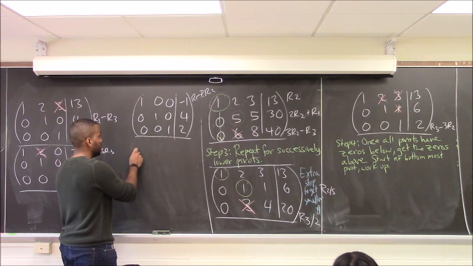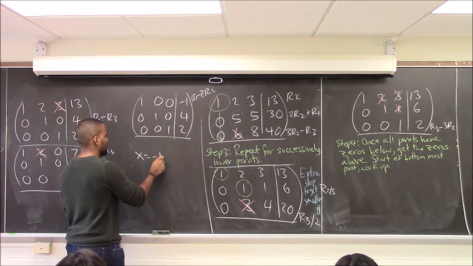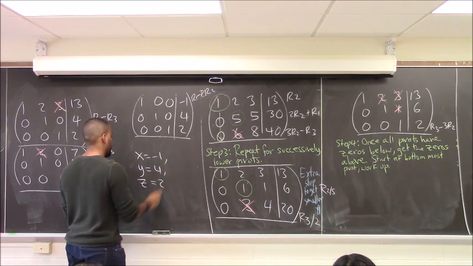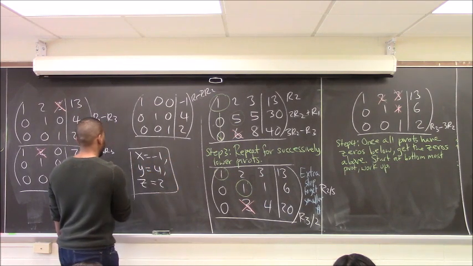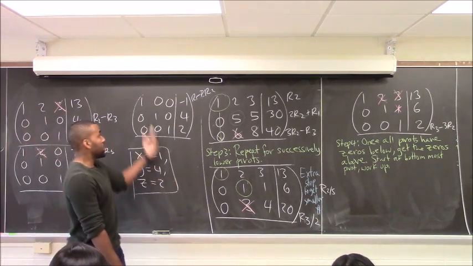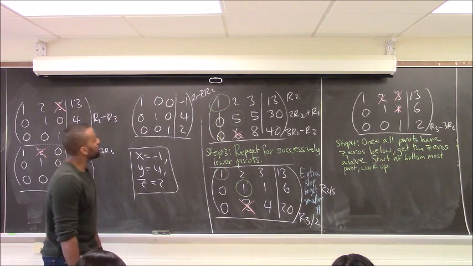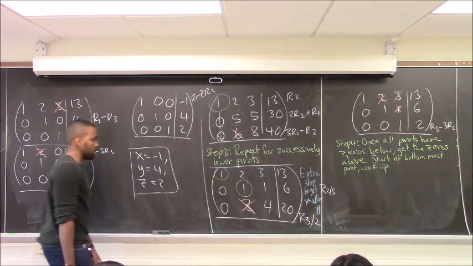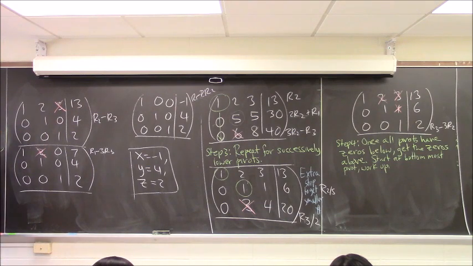Yeah. x equals -1, y equals 4, and z equals 2. This is the solution. And again, you can get that just by looking at it. If you stopped here, you'd have to do a little algebra, plug things back in and solve for them. But that's it.